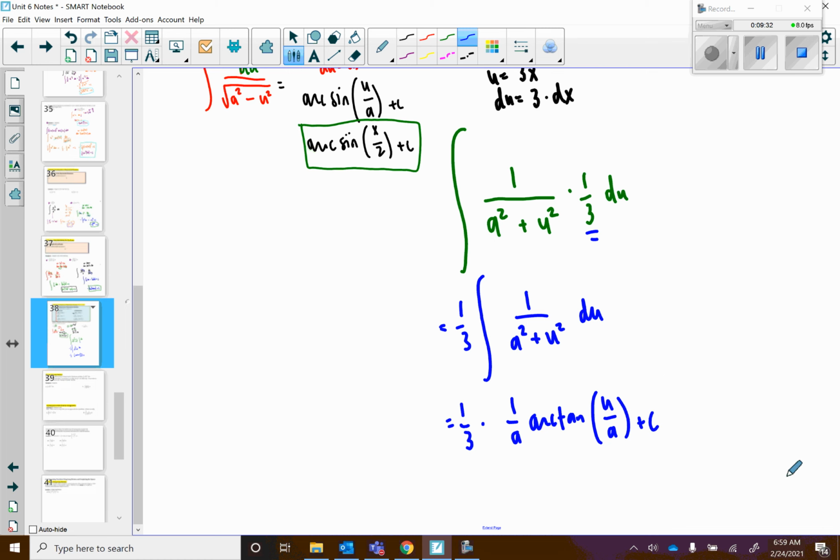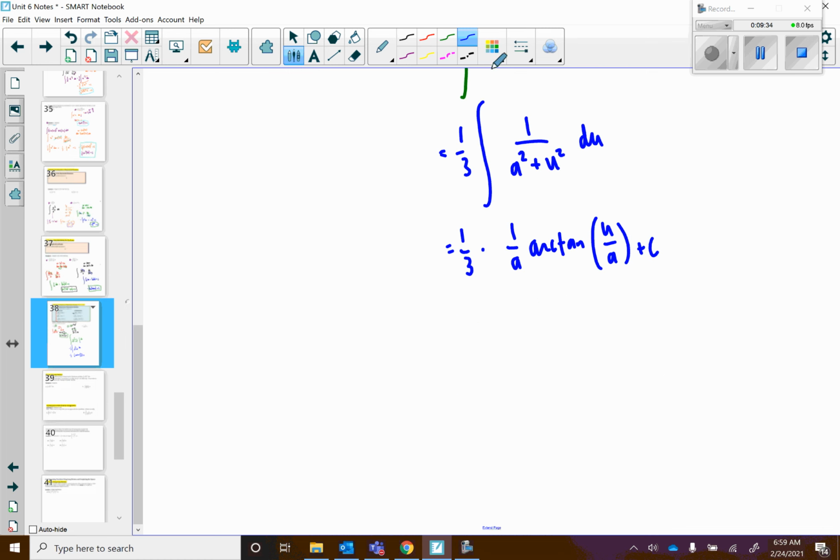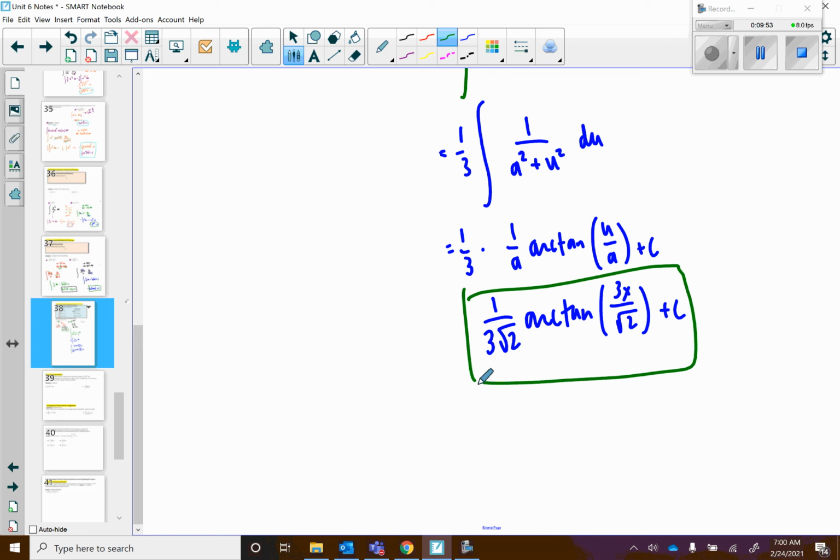I'm going to plug back in the values I actually have, which would be the square root of 2: 1 over 3 square root of 2 inverse tangent of 3x over the square root of 2 plus c. And even though we are very smart young people that would think we would want to rationalize this denominator, we actually don't need to, so I'm not going to do that.